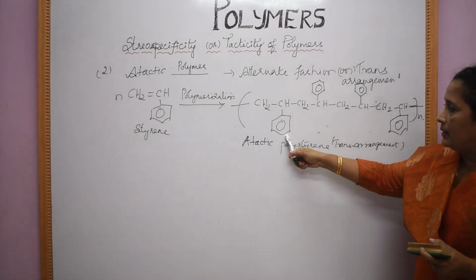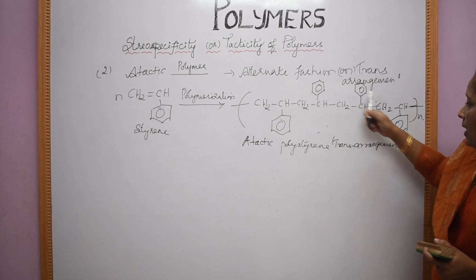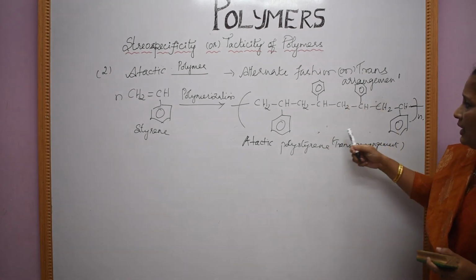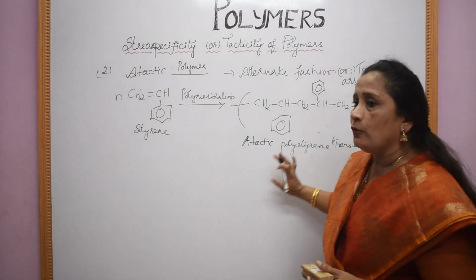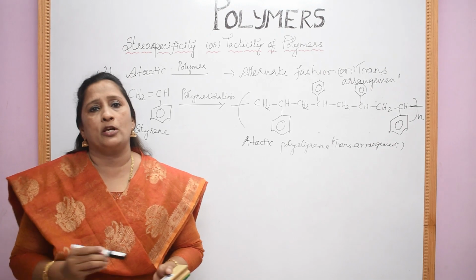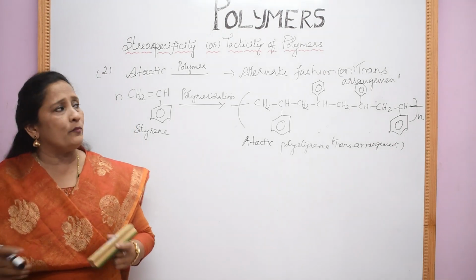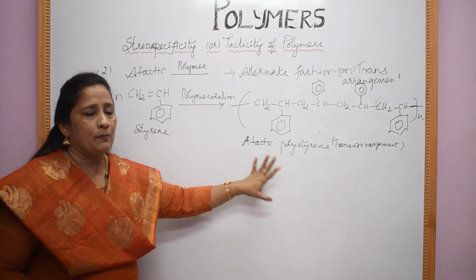One group down, another group up, third group again up, another group down. It can be in any arrangement, one up, one down, something like that. If it is arranged at random, we call it an atactic polymer. So, in atactic polymer, the functional groups are arranged at random. The example is atactic polystyrene.